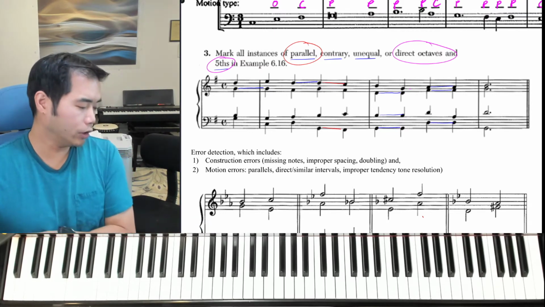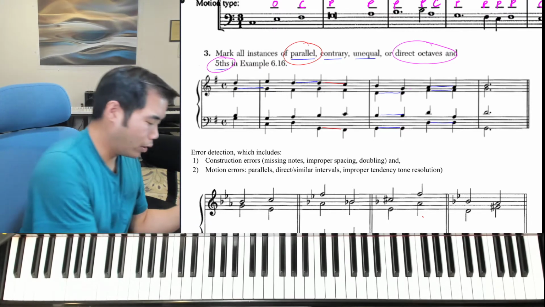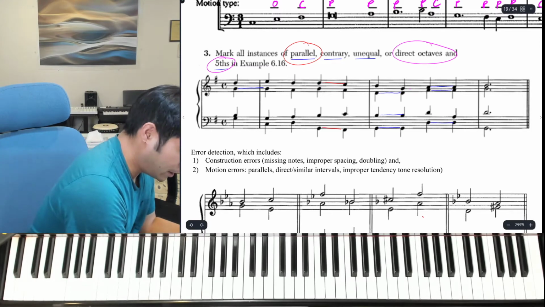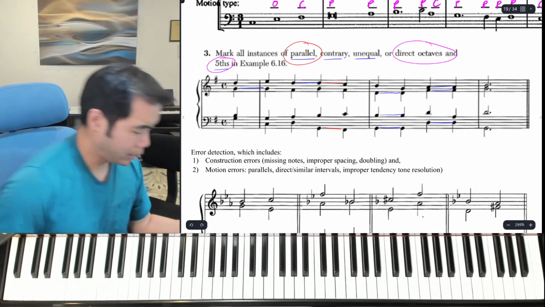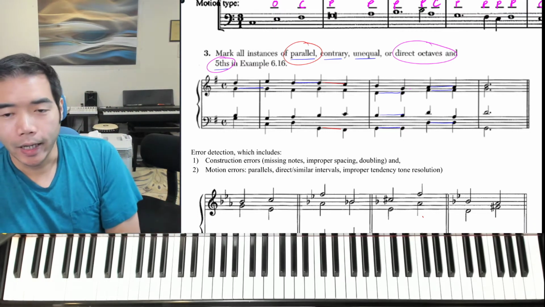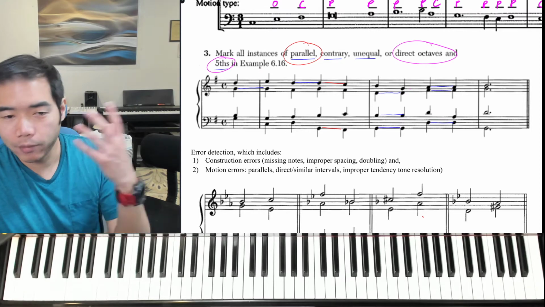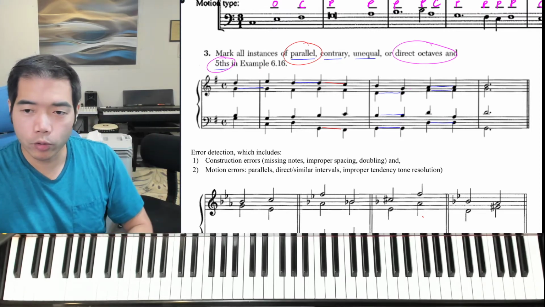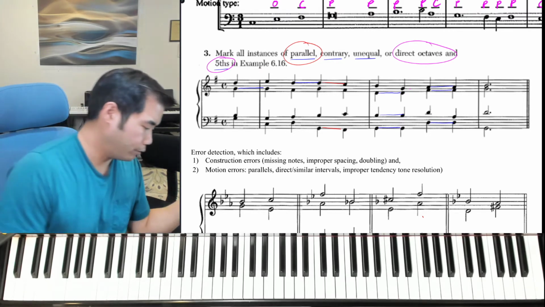So everything that I marked in blue there are instances where the voices stayed the same. Okay, I can't apparently draw a straight line. That's better. All right. Static motion means we're either going to have static motion between 2 voices or oblique motion, both of which are going to be safe.